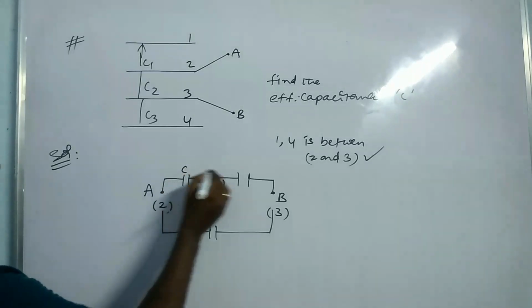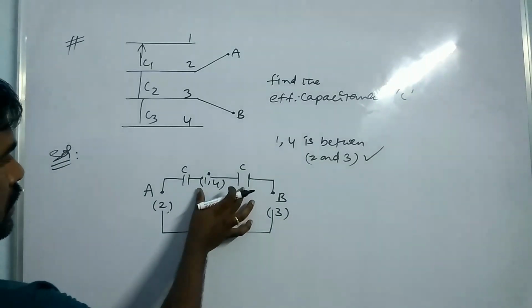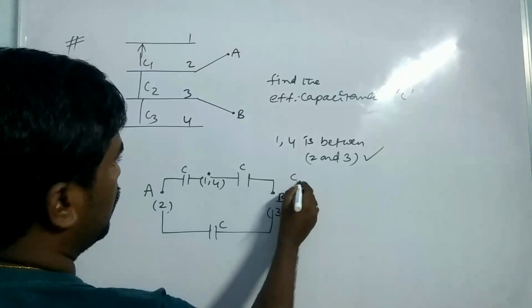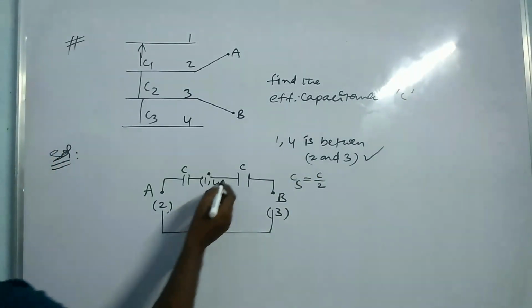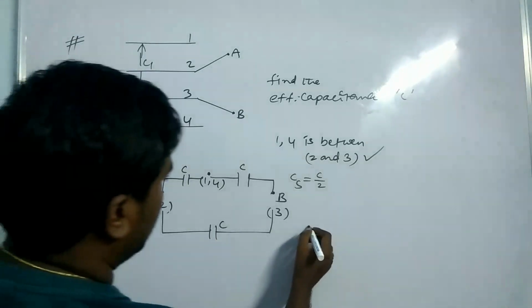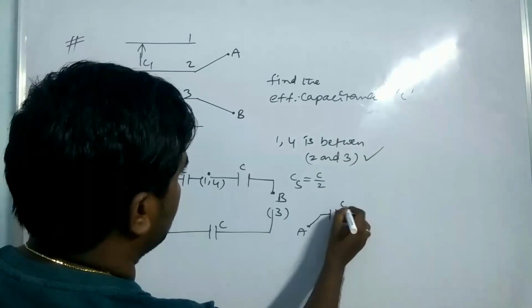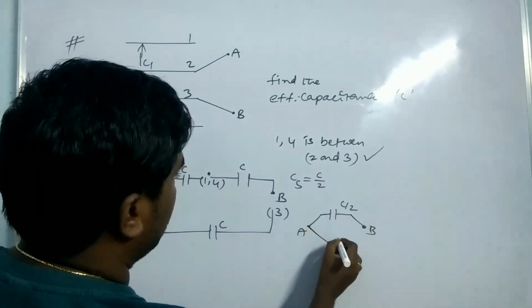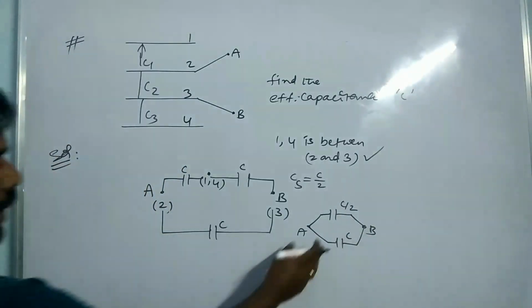This is C and C and C. These two are in series, the series combination of these two is C by 2. Therefore C by 2 here, this is A, this is C by 2, and this is B, and this is a capacitor C. C by 2 and C are in parallel combination.